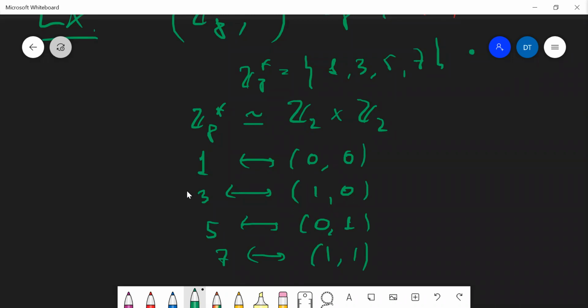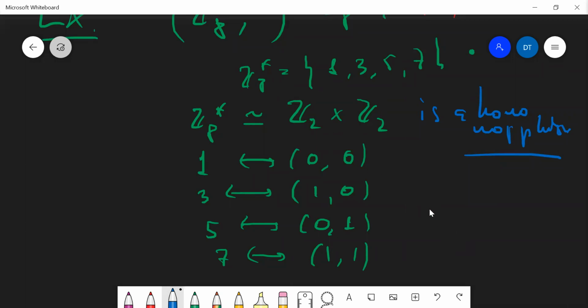It's clear that this map is a bijection because we have a one-to-one correspondence, but one can check that this map is actually a homomorphism. This shows you that a group that we already know can be presented in a specific form, which is a product of cyclic groups.